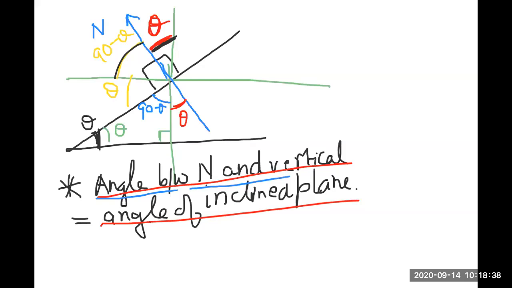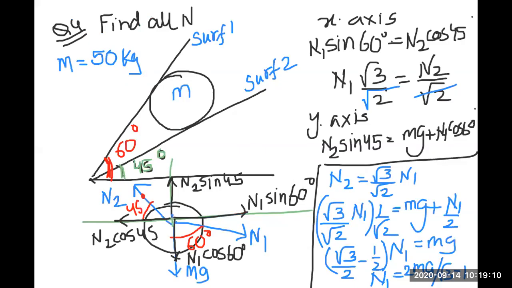Angle between normal reaction and vertical is equal to the angle of inclined plane. प्रसन्ना ये प्रूफ आपको समझ में आया था? क्या लिखा है मैंने इसमें? पहली लाइन क्या लिखी है? एंगल बिटवीन नॉर्मल रिएक्शन एंड वर्टिकल is the same as angle of the inclined plane.